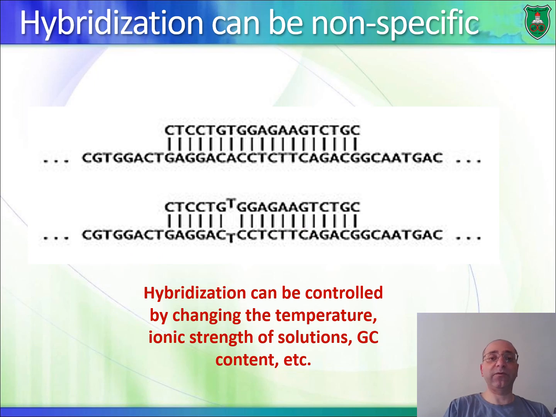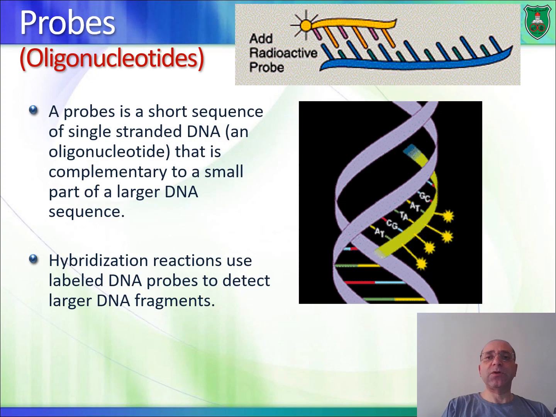Of course, the reason is G and C form three hydrogen bonds, and there are two hydrogen bonds between A and T. All right. So this short DNA strand is known as a probe. Okay. So probes are also known as oligonucleotides. So oligo means short.